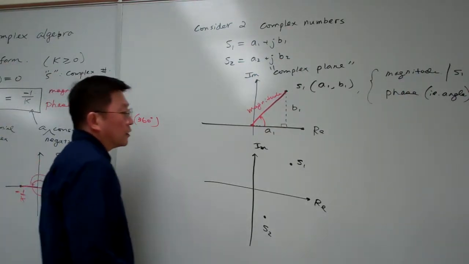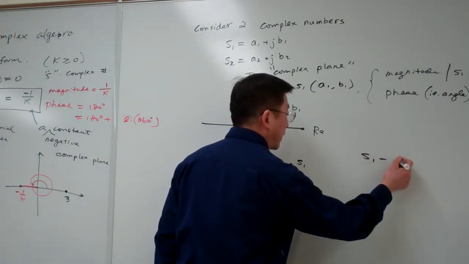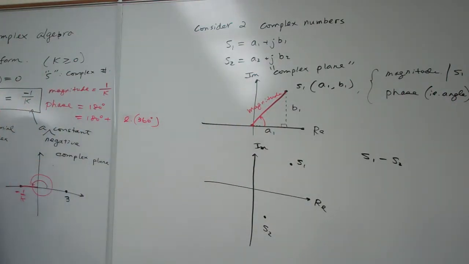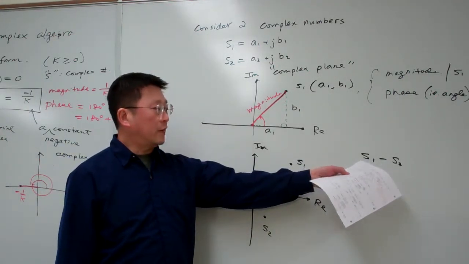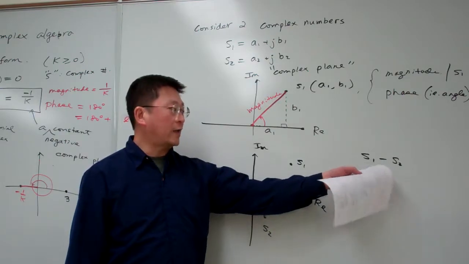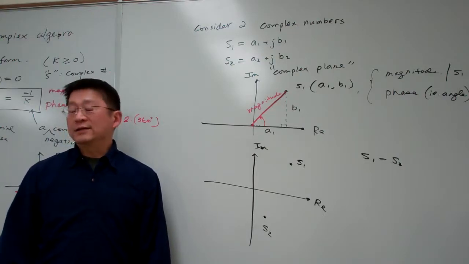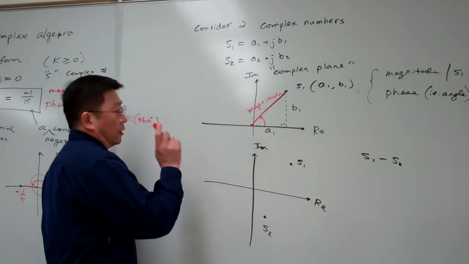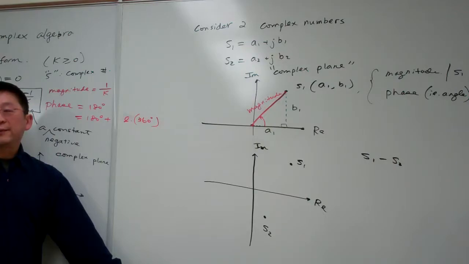So here, if we do the algebra and say S1 minus S2, what this means in algebra is simply looking for the difference of S1 and S2. Actually, we subtract S2 from S1, so that is the interpretation from algebra. Graphically, it is represented like this. Again, graphically, we borrow the concept of the two-dimensional Cartesian coordinate system.